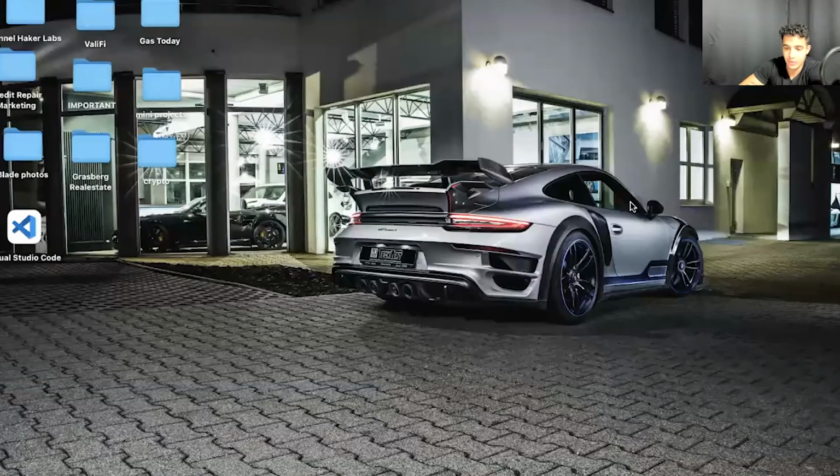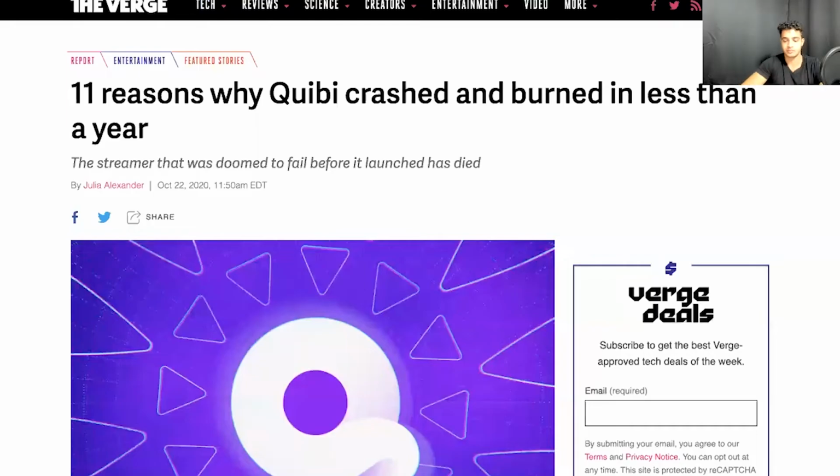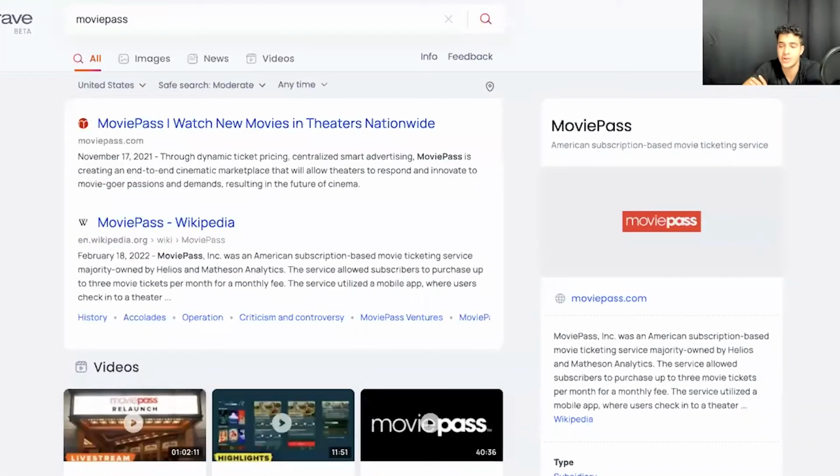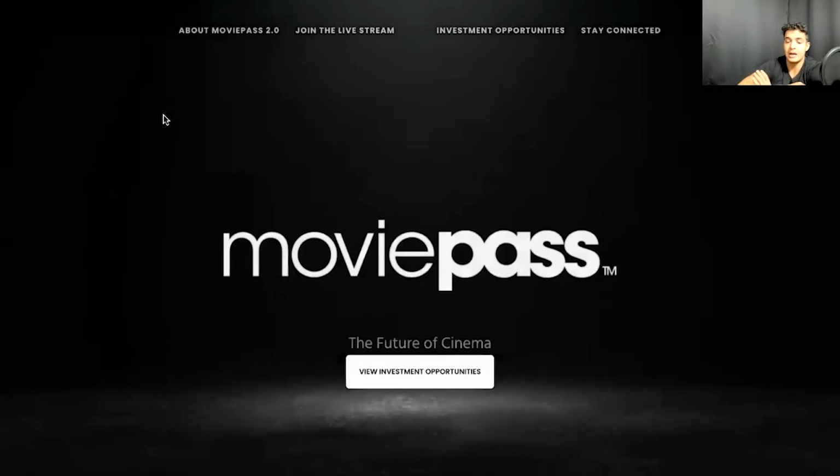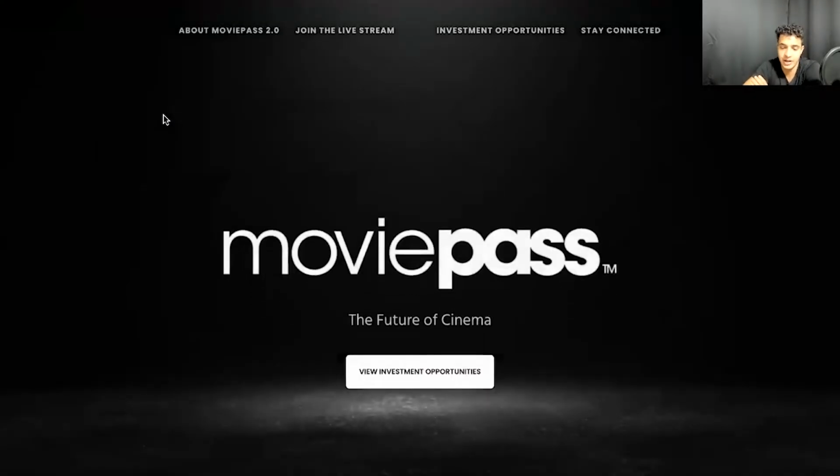Well, pretty much what happened with MoviePass is people would pay a certain amount of money every single month, which I don't know exactly how much it is, to be able to watch movies, and they would go to the movie.